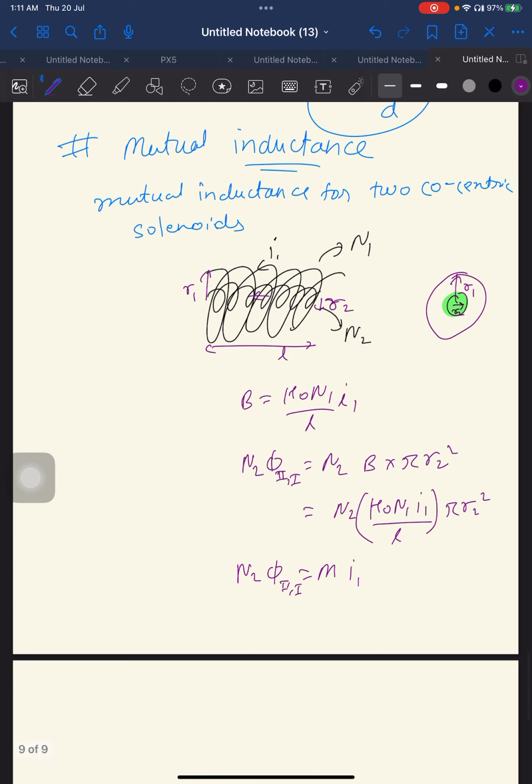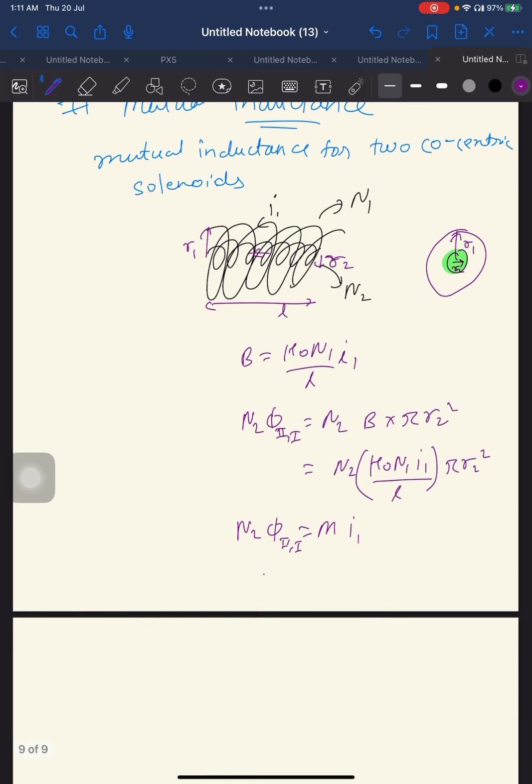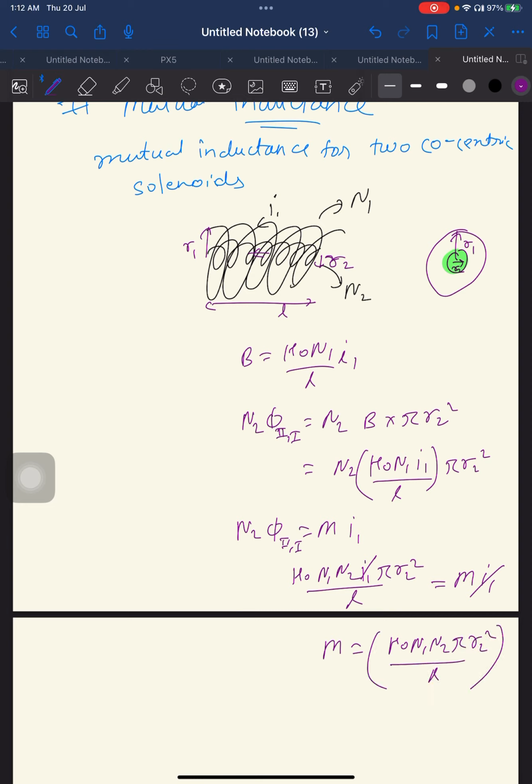So if you keep these values, N2 into mu naught, here I will write it together, N1 N2 I1 pi R2 square by L is equal to M I1. I1 is going to cancel and we get mutual inductance as mu naught N1 N2 pi R2 square by L. I hope this is clear.